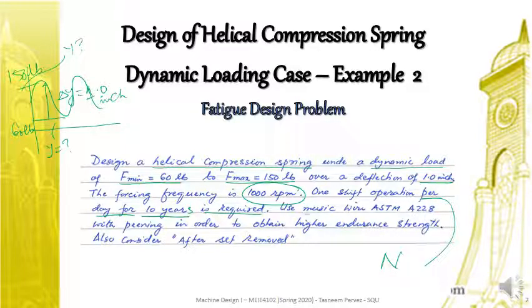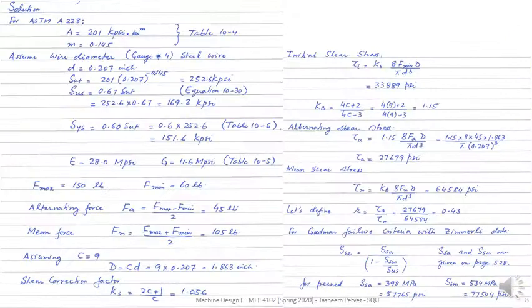It suggests to use the music wire ASTM A228 with peening, so it's not a cheaper one, to obtain higher endurance strength. Also consider set removal, which again will be costly. Both peening and set removal are costly. So we will start.